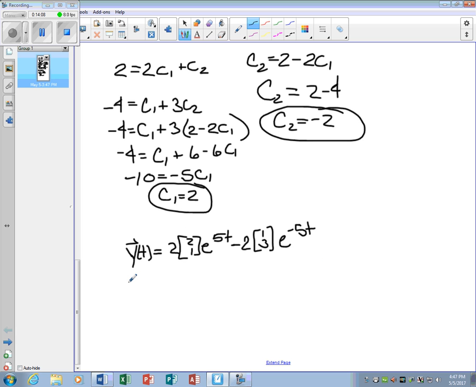And if we distribute that through, then we'll get our final solution. Which is going to be 4 for the x value, 2 for the y value, e to the 5t, minus 2, 6, e to the -5t.